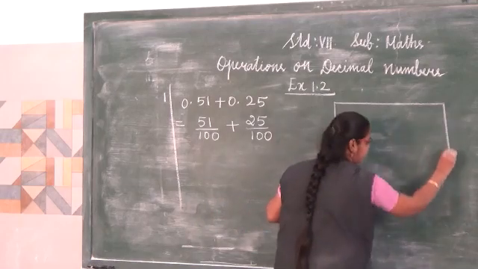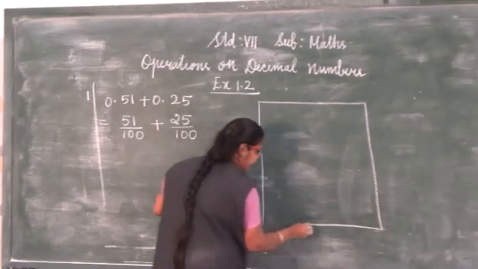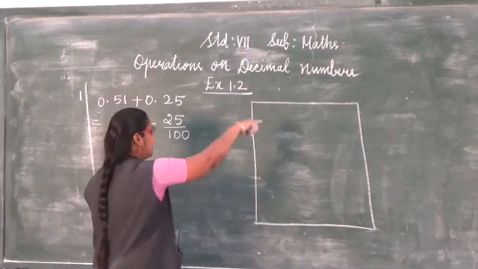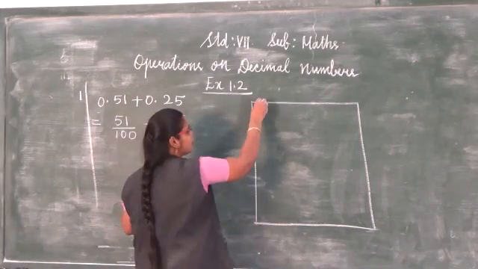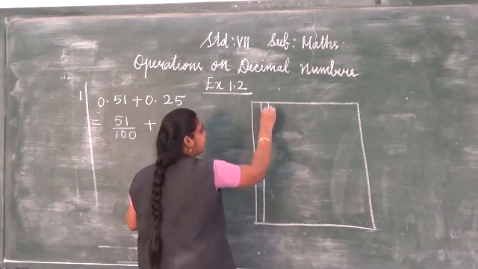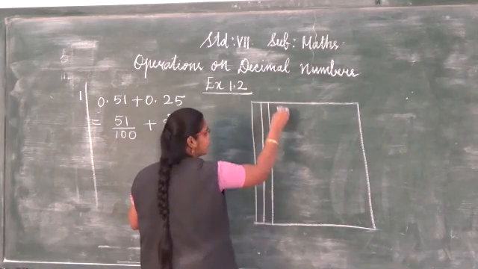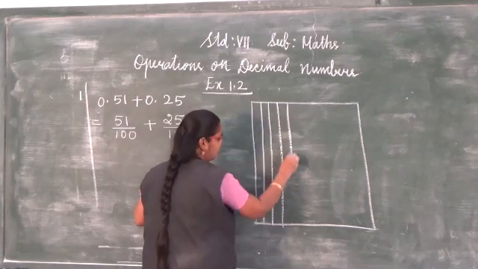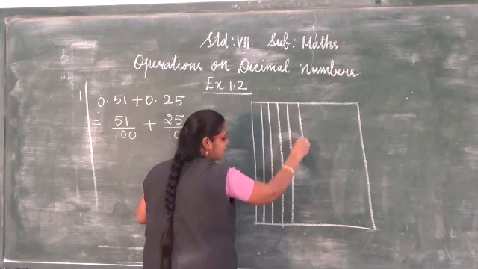Since they have given 100 in the denominator, we need 100 boxes. So how many columns do you have to draw? 10 columns and 10 rows.